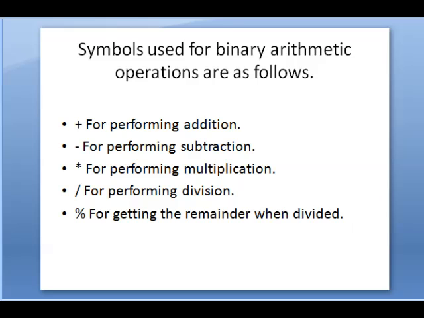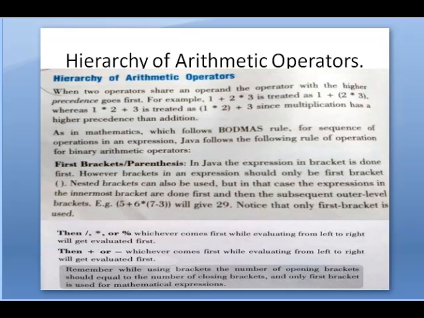Now students, we are going to see the hierarchy of arithmetic operators. In your book, take page number 70. The hierarchy of arithmetic operators: if two operators share an operand, the operator with the higher precedence goes first. For example, 1 plus 2 into 3 is treated as 1 plus, then we put a bracket, that is 2 into 3.